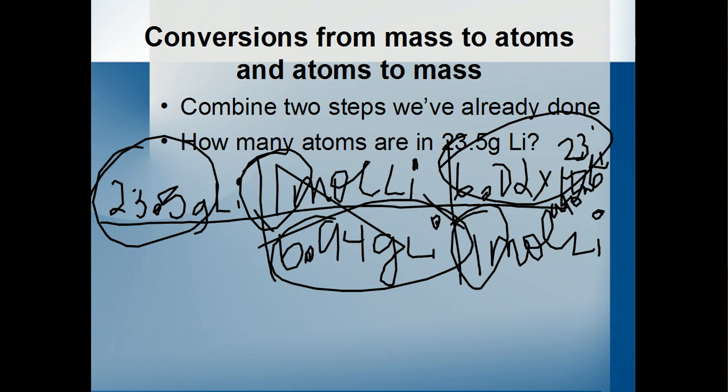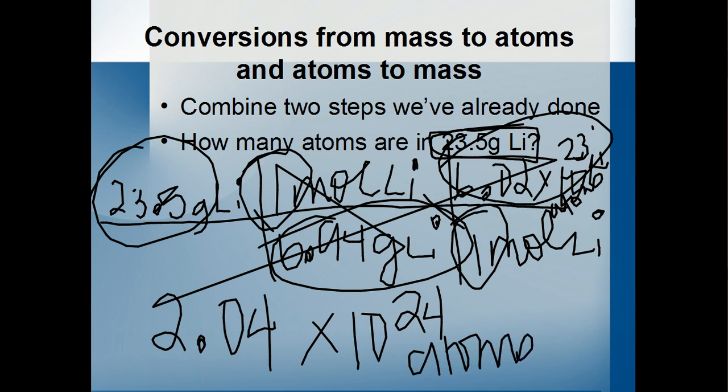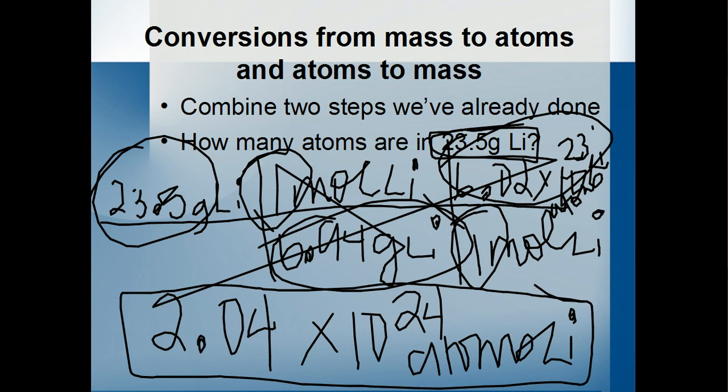So what do I get? Now I'm going to have 3 digits in my answer because they gave me 3 digits. So 2.04, I'm rounding up, times 10 to the 24th atoms of lithium. If you are talking about atoms, you would expect your number to be times 10 to something. That would make sense.